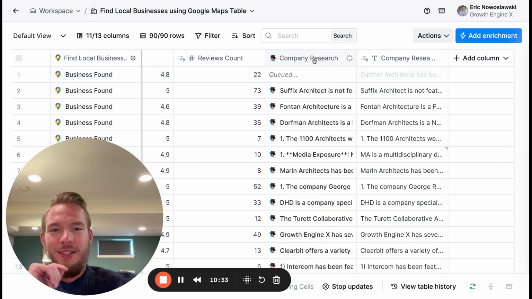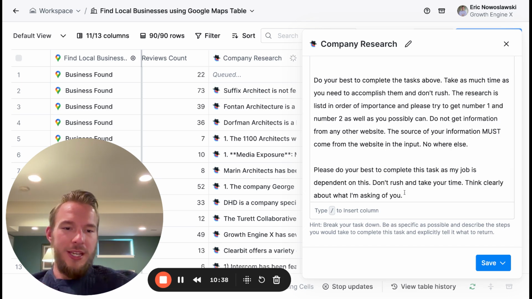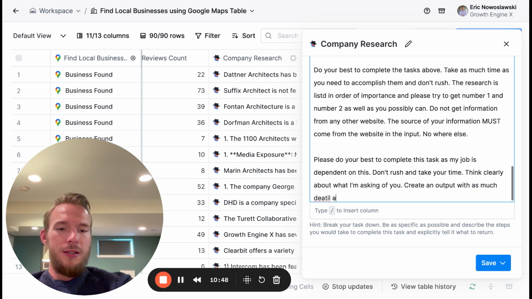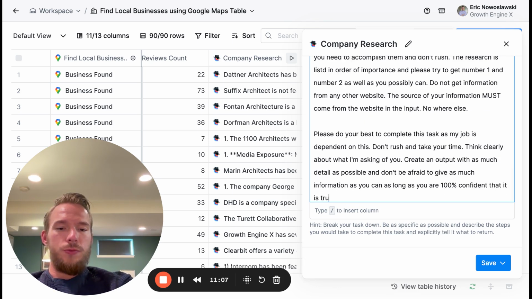I'm just going to add a little bit in here, and I'm just going to say, create an output with as much detail as possible, and don't be afraid to give as much information as you can, as long as you are 100% confident that it is true.